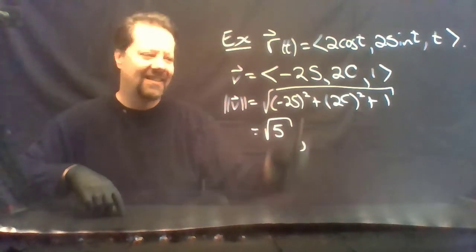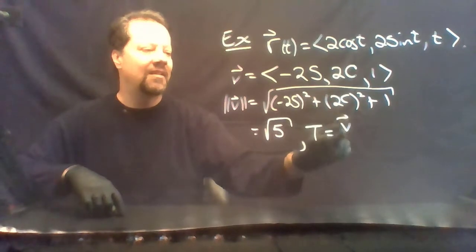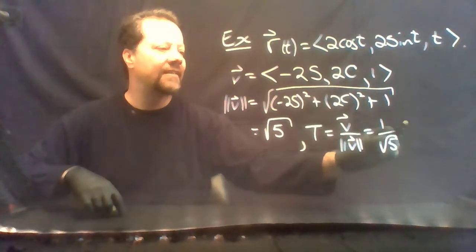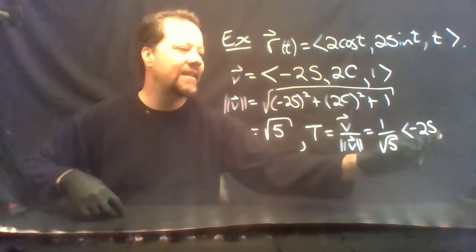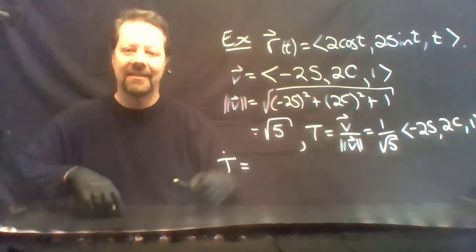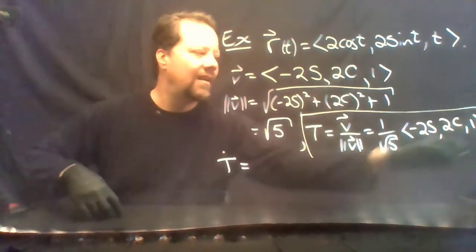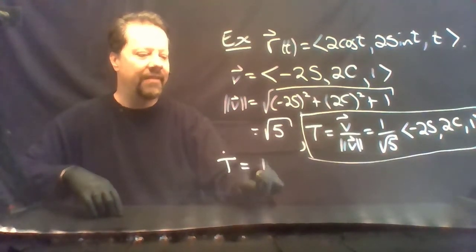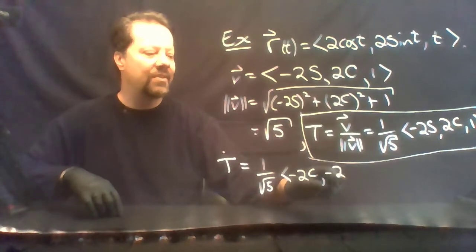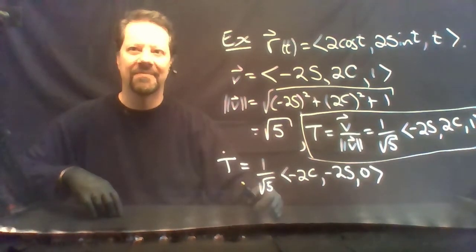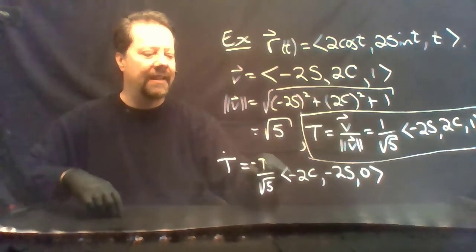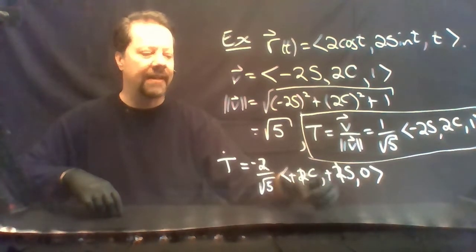That means it follows that t, being v over the norm of v, is 1 over root 5 times (-2 sine, 2 cosine, 1). To find t dot, we'll take the derivative: 1 over root 5 times (-2 cosine, -2 sine, 0). Now we need to normalize this. It's easiest if we pull the negative 2 out from this vector.